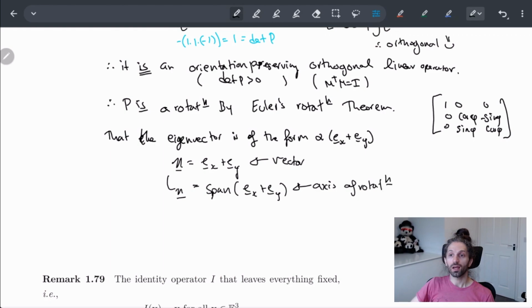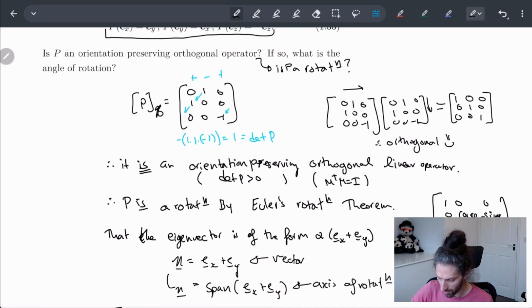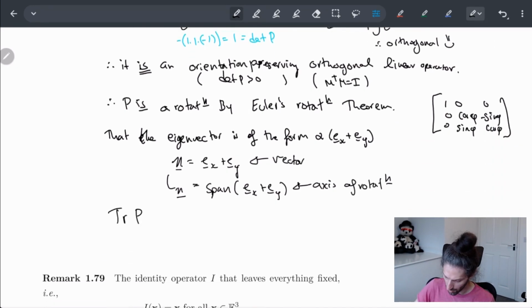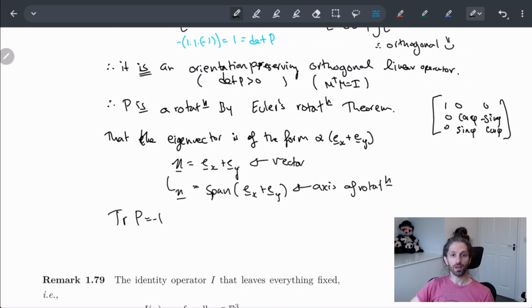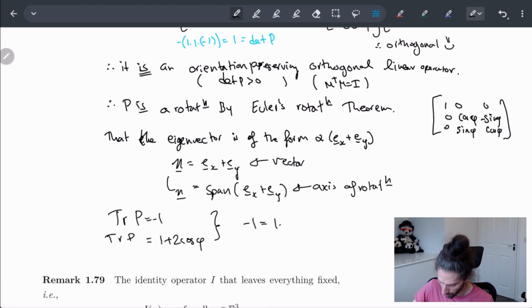Now remember one thing: the trace does not change under change of basis of linear operators. So what is the trace of P here? It's 0, 0, minus 1, which is equal to minus 1. But we saw previously that this is also equal to 1 plus 2 cosine of phi. So these two things tell us that minus 1 is equal to 1 plus 2 cosine of phi.